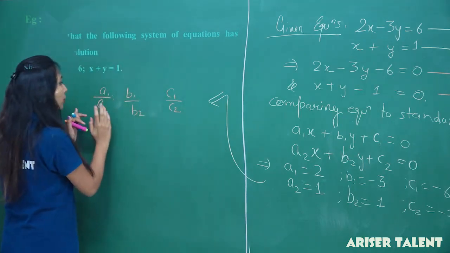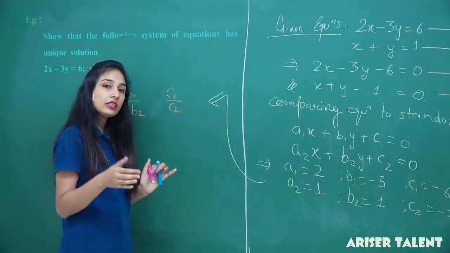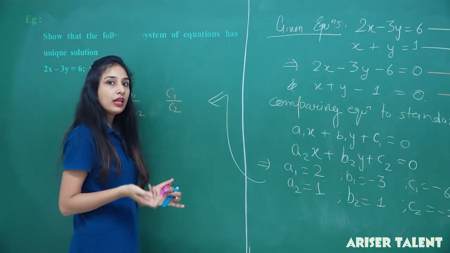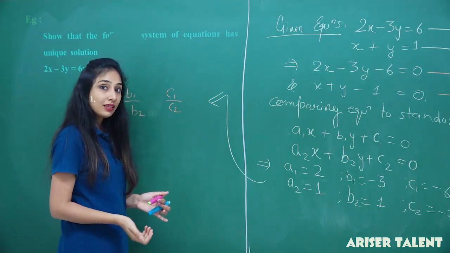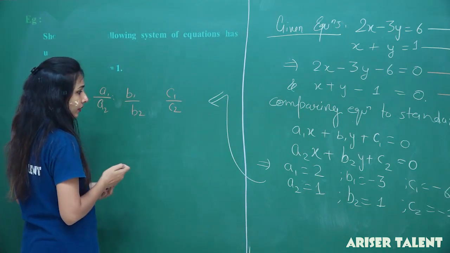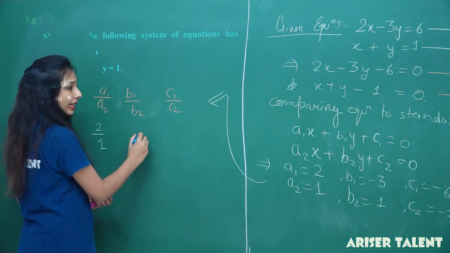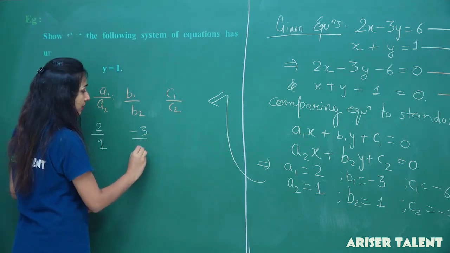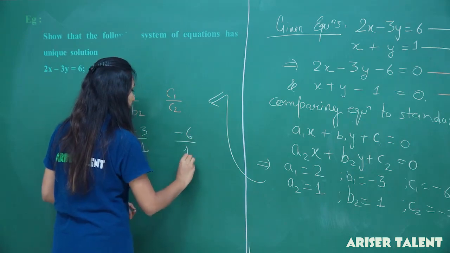So if we go for A1 by A2, B1 by B2 and C1 by C2, that shows the characteristics of these two lines: whether they will intersect, or they are parallel, or they are not parallel, right? So what will I have here? 2 by 1, minus 3 by 1, and minus 6 by 1.